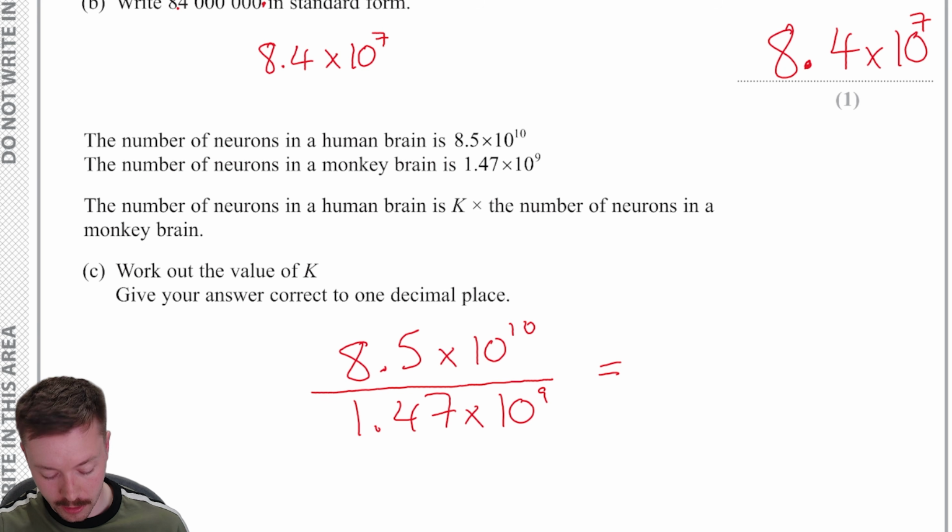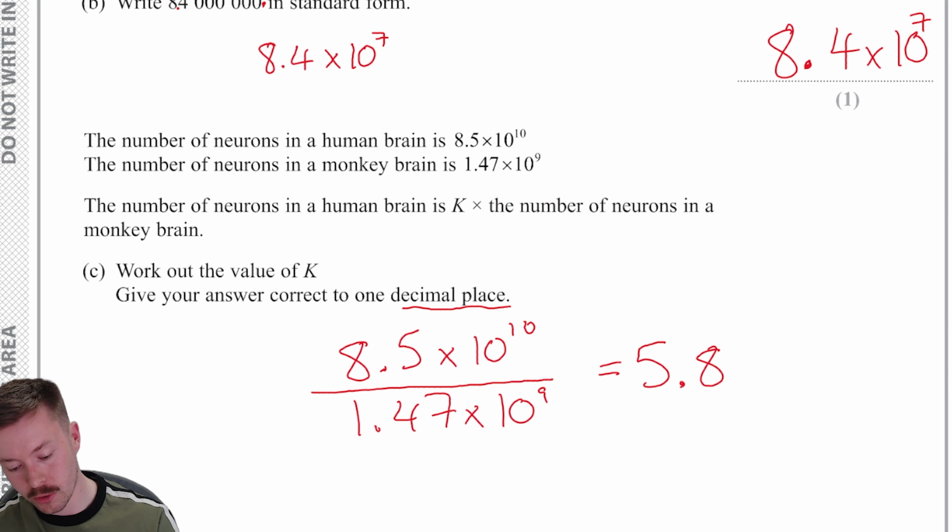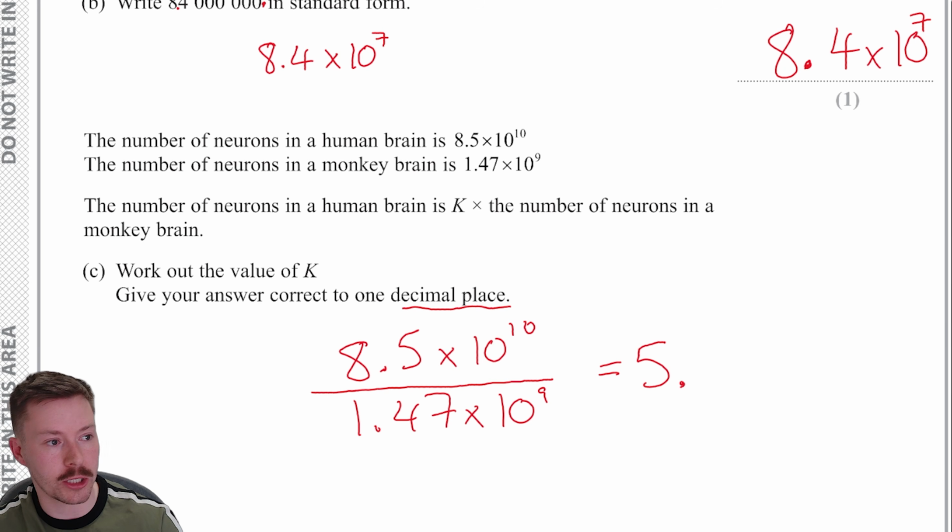So 8.5 divided by 1.47 gives us, we need the answer to one decimal place. This to one decimal place is 5.782, etc. So that gives me 5.8 to one decimal place times 10. Actually, I'm going to have to do a few more decimal places here, and you'll see why in a second. So let me just change that.